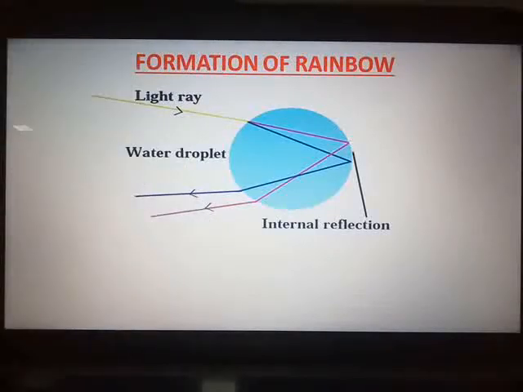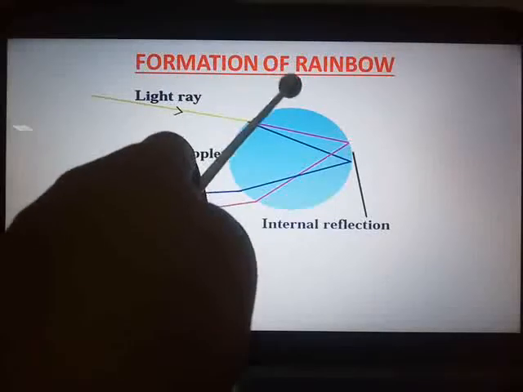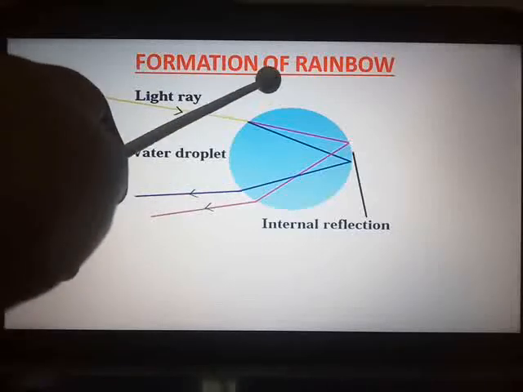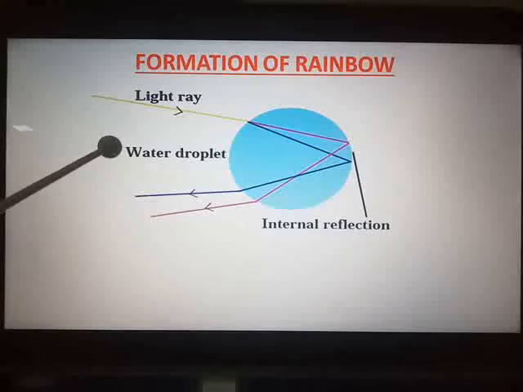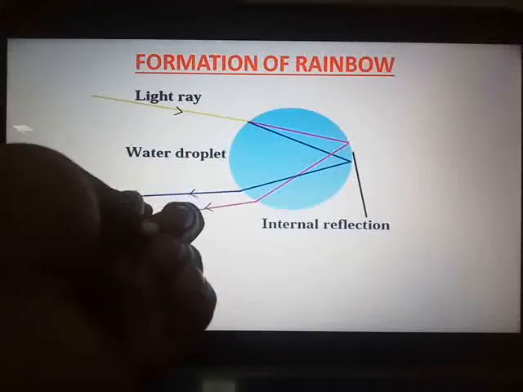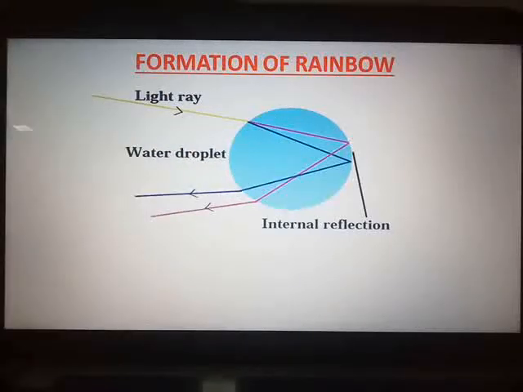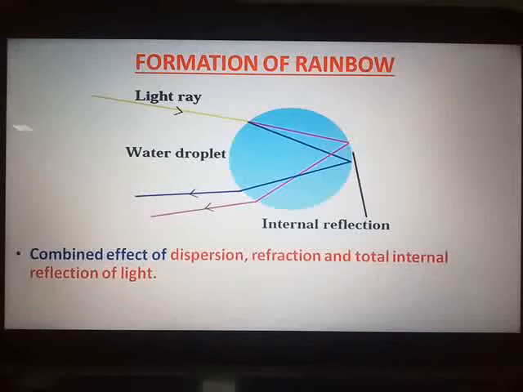Then there is internal reflection, as you can see here in this figure, and after that once again the light gets refracted while coming out of the droplet, that is now from the denser to the rarer medium, and the combined effect of all these three processes is called a rainbow, which can be observed in the sky after rainfall or rain showers.